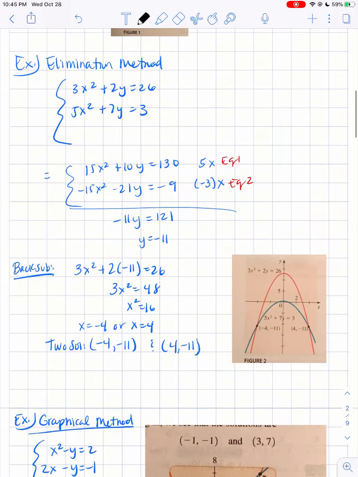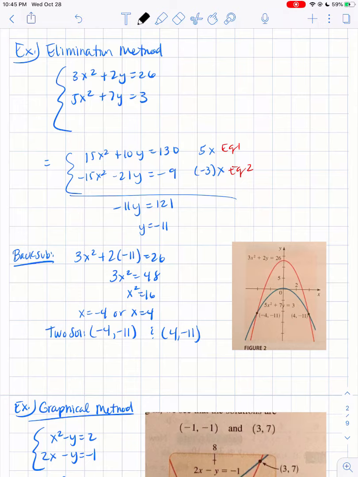Okay, our next method was the elimination method. I have 3x squared plus 2y equals 26 and 5x squared plus 7y equals 3. I'm going to eliminate the x squareds by multiplying equation 1 by 5 and equation 2 by negative 3.